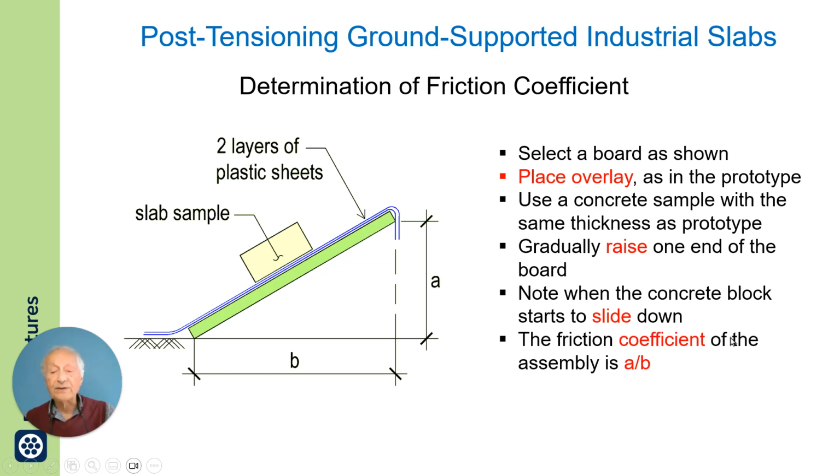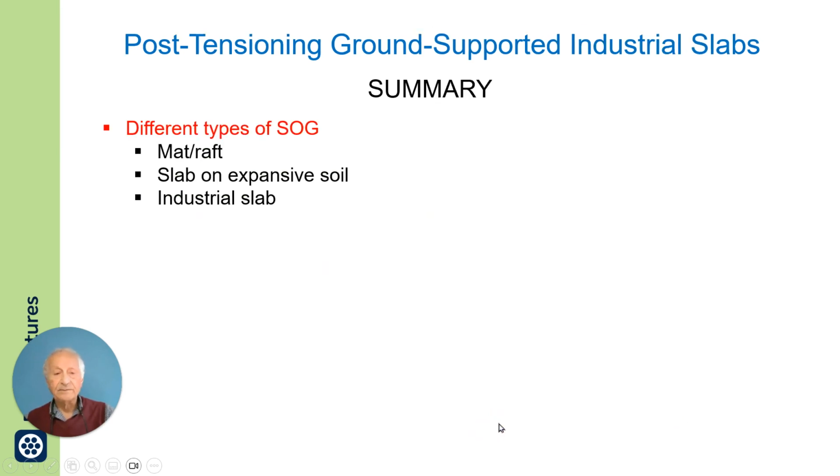Your coefficient of friction will be A divided by B.